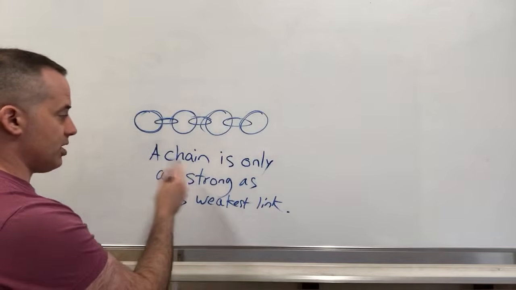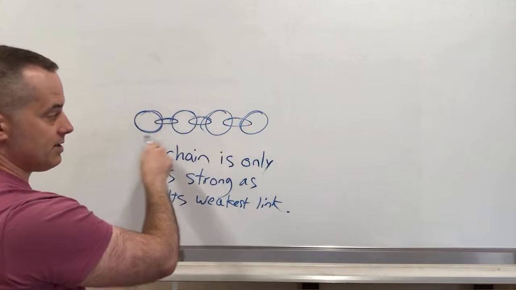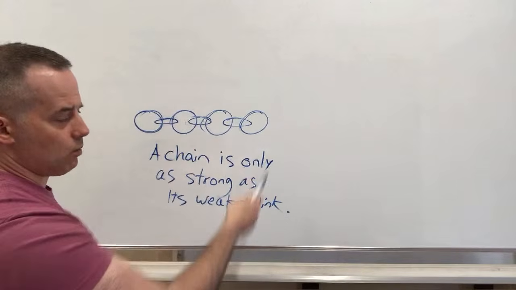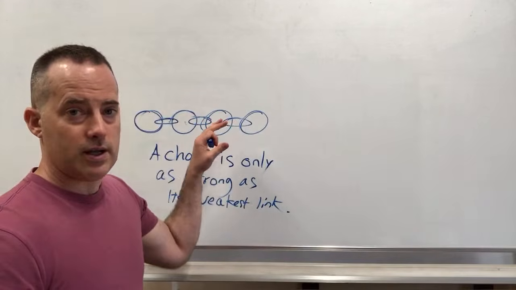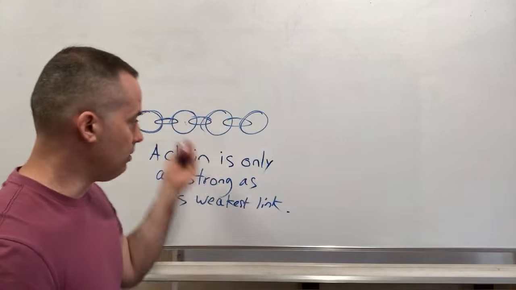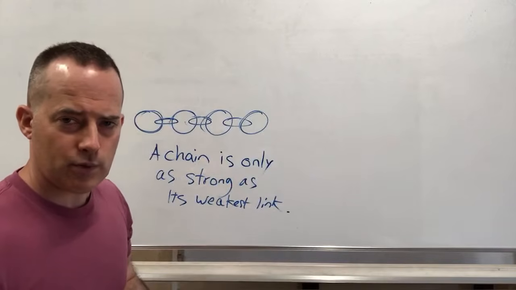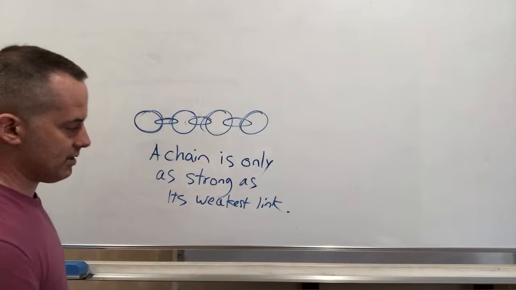A chain is only as strong as its weakest link, and the idea here is for sentences as well. If we're connecting different words together in a sentence, and if the words themselves are not very strong, then the whole sentence will be weak. It only takes one word to break the chain. Does that make sense to everyone?